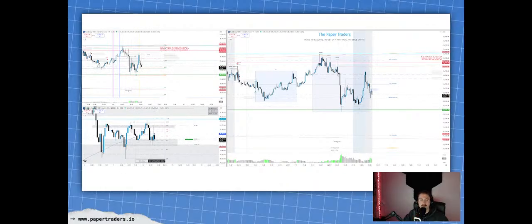What's that? 5-minute fair value gap. Keeps holding this. I'm going to possibly watch for a rising VIX fix here on the 15-minute to see what they do.